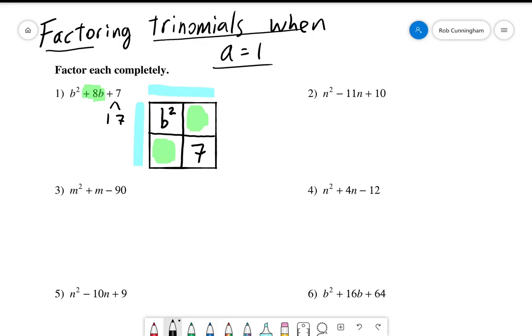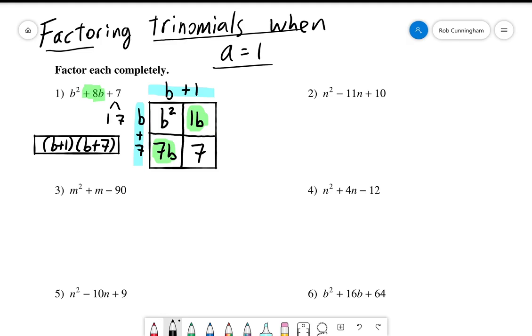So, in these 2 regions, and it doesn't matter which one's which, I can put 1b in this one, and I can put 7b in this one, and then you can do some division and see that the 2 sides are b plus 1 and b plus 7. So in the end, our area is b plus 1 times b plus 7, and that's our final answer.